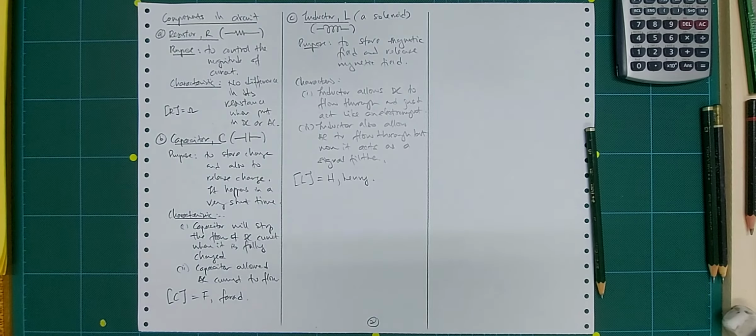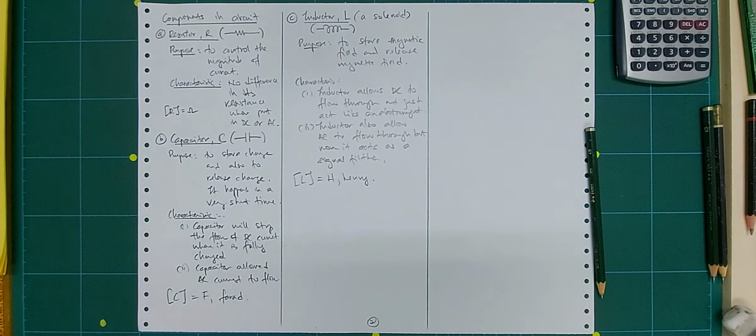Alright. So now the next thing is we are going to look at what happens when we connect the resistor, capacitor and inductor separately, one by one, to an AC circuit.